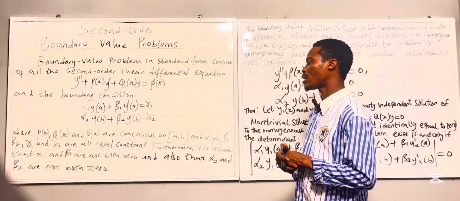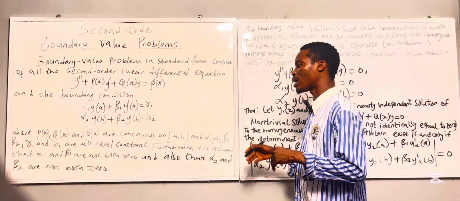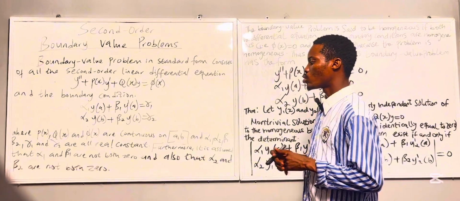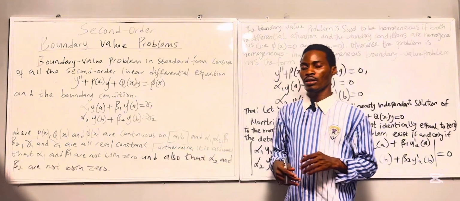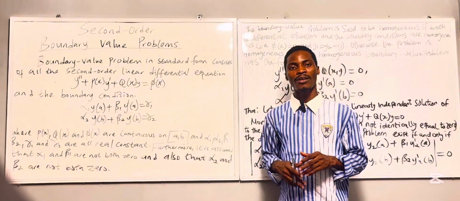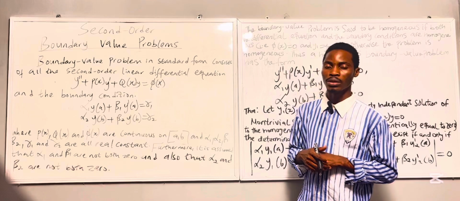Furthermore, it is assumed that alpha 1 and beta 1 are not both 0, and also that alpha 2 and beta 2 are not both 0. So the real constants alpha 1 and beta 1 can never both be 0.